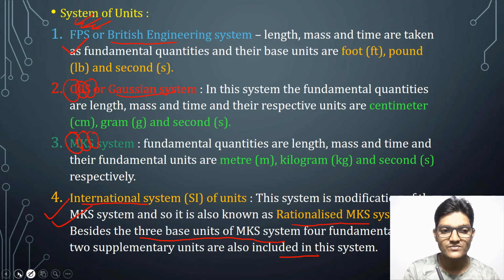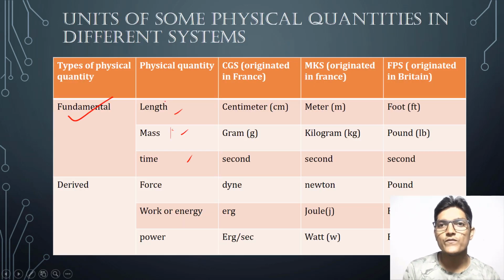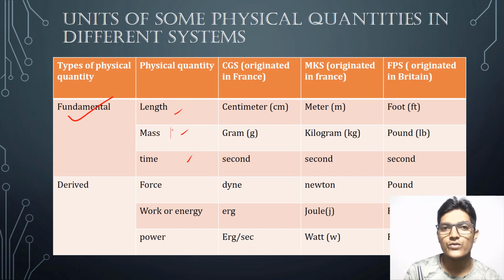Okay everyone, now units of some physical quantities in different systems, right? So first of all, we are measuring length in centimeter, mass in gram and time in second, which is CGS. And in MKS, meter, kilogram, second; FPS, foot, pound, second. So these are the fundamental ones.